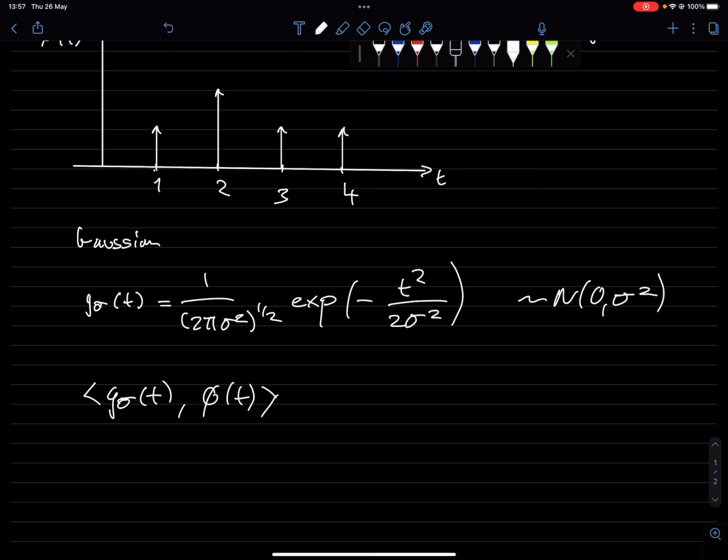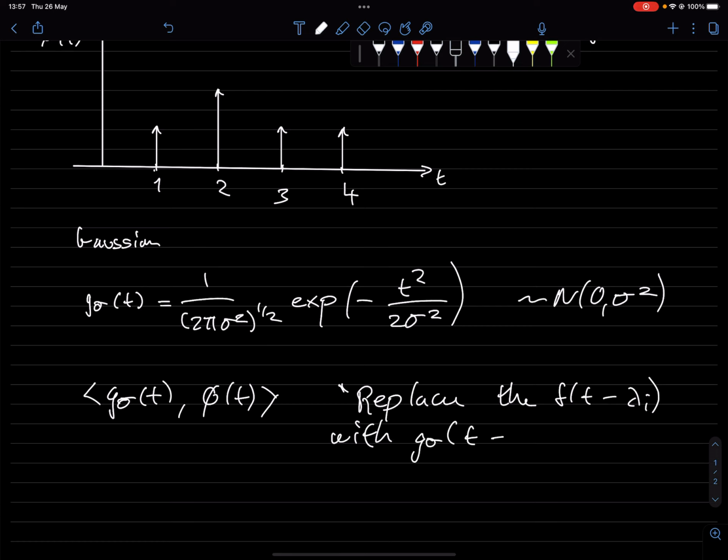So what this is going to do essentially is replace the Dirac delta functions with g sigma of t minus lambda i. So this is going to replace the discontinuous and very jumpy peaks with a continuous Gaussian centered at that point.